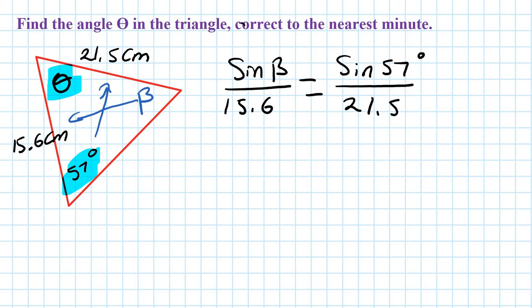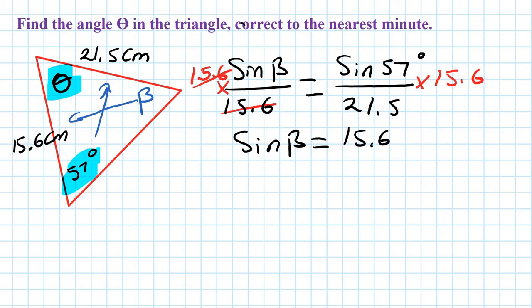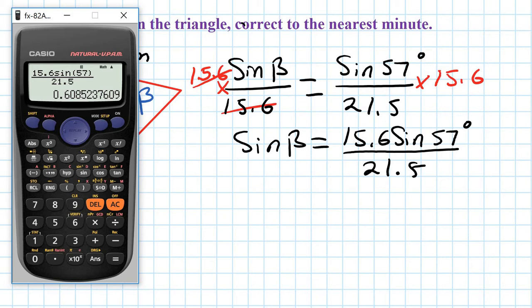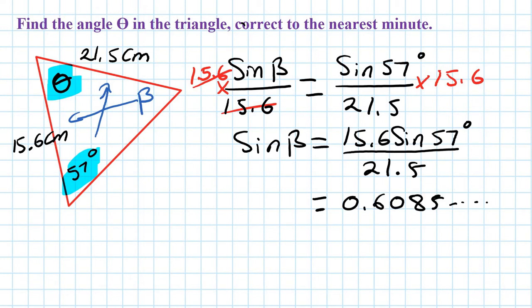Now get rid of 15.6 by timesing both sides by 15.6, so that disappears. You are left with sine beta is the same as 15.6 sine of 57 degrees all over 21.5. Put that in the calculator and I get 0.6085 and so on. I just write on the screen what I get from the calculator.